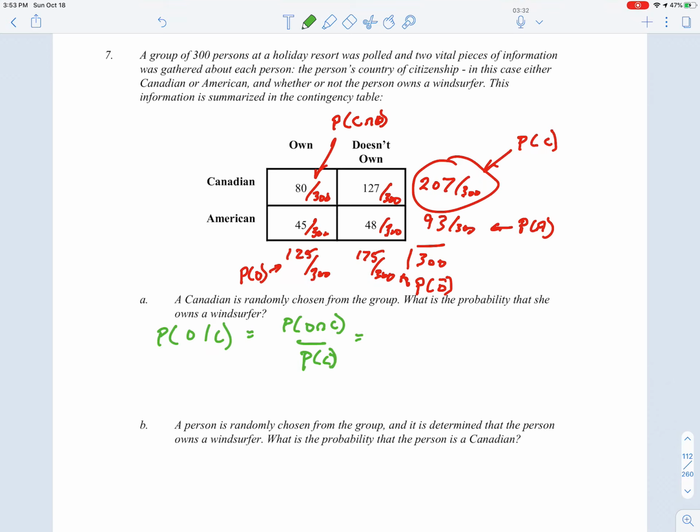What I want you to notice is that the only two types of probabilities that occur in the table are joint probabilities and marginals. So a conditional probability has to be figured out by formula using the joints and the marginals. The same is true of a union.